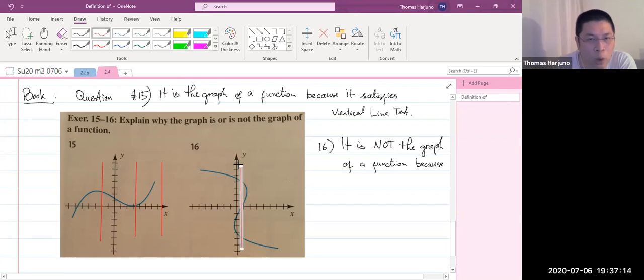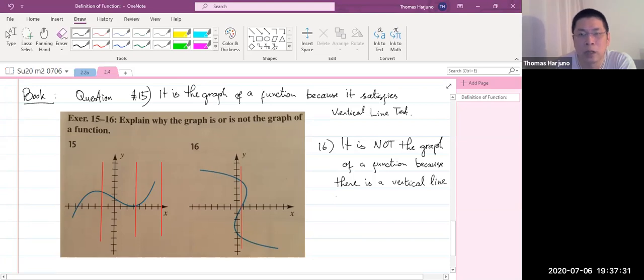You can just look at the y-intercept, because there is a vertical line intersecting the graph at more than one point.